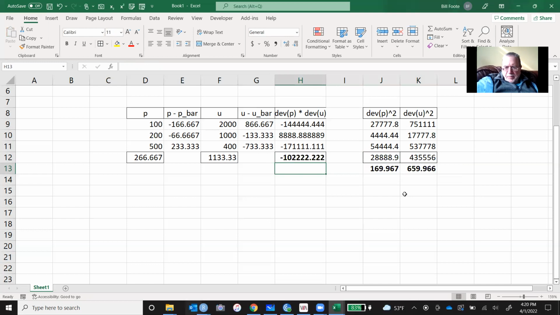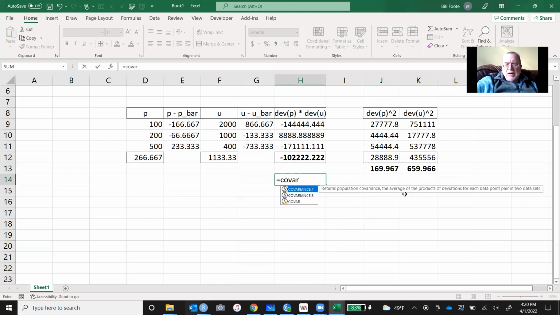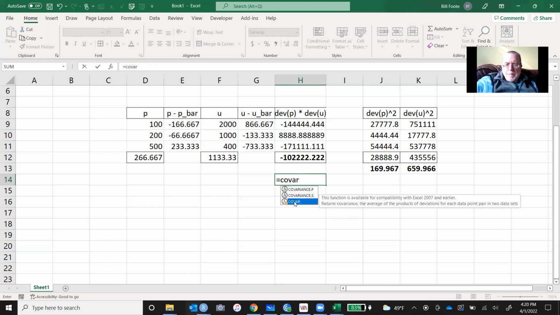First of all, there is an Excel function called covariance, or I'm just going to use Covar. That's been deprecated.